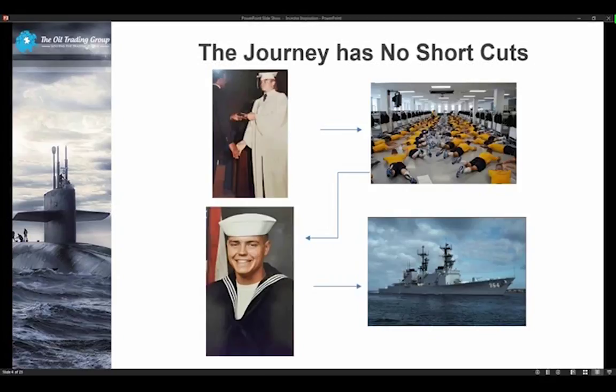The top picture again is me graduating from high school. That is a shot of what it looked like in boot camp, to the graduation picture, to where I spent my time on my duty station ship, which was the USS Paul F. Foster, which was a Spruance class destroyer. Happened to be on the ship that shot the first Tomahawk cruise missile, actually, in Desert Storm 1.